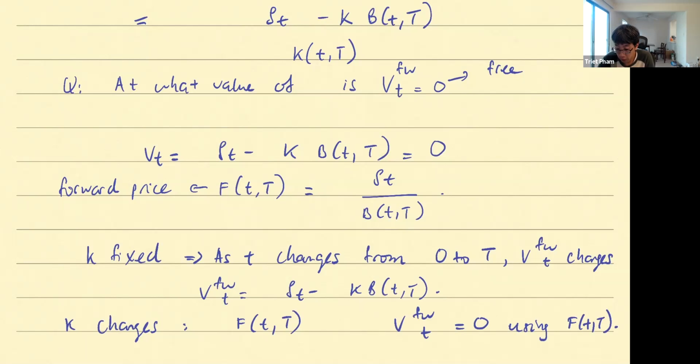So in this point of view, I fix the contract price at all times. I want the contract price to be zero all the time. Then clearly what must change? The strike. So I'm not looking at the same contract from time zero to time big T. I'm looking at different contracts. But that is not even relevant here. The relevance is, what am I really looking at? I'm looking at the future price, or the forward price, of the stock.